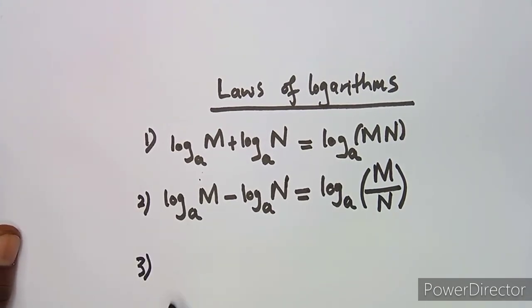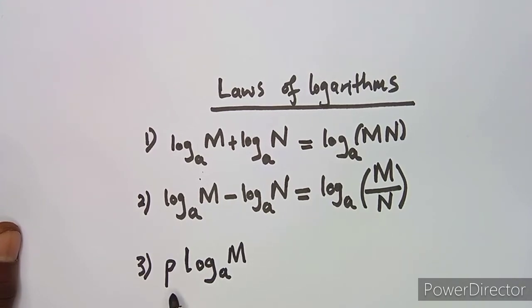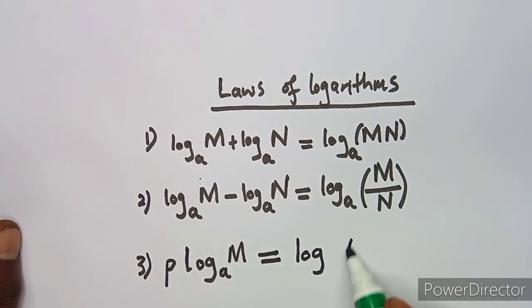Then we can be given a condition where there is a number multiplying a log like this, p log m base a. Taking this p as a number multiplying a log, you raise it to be the exponent of the log. So it's log m to the exponent of p in base a.